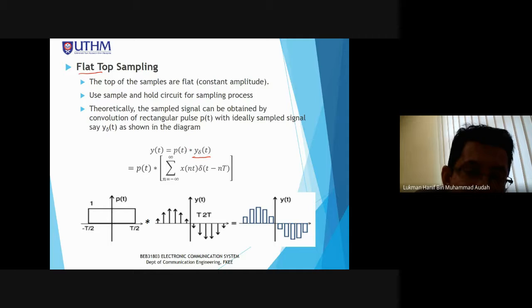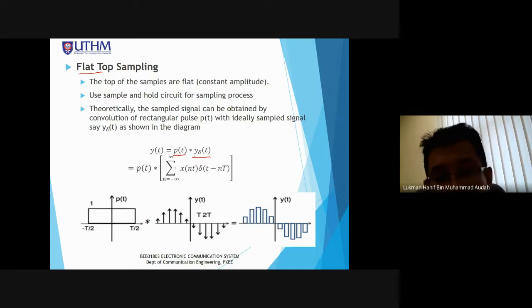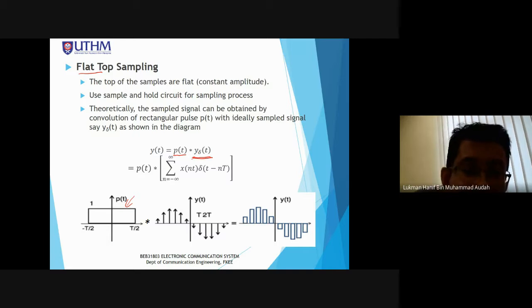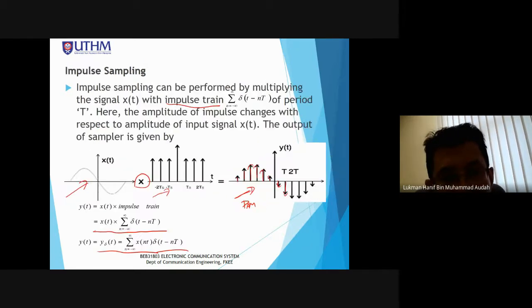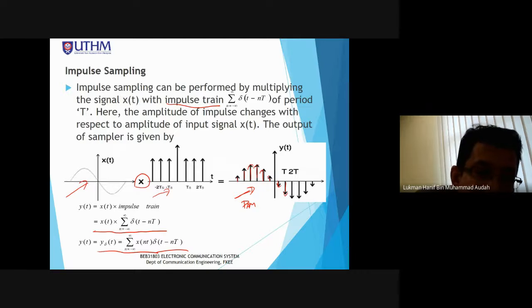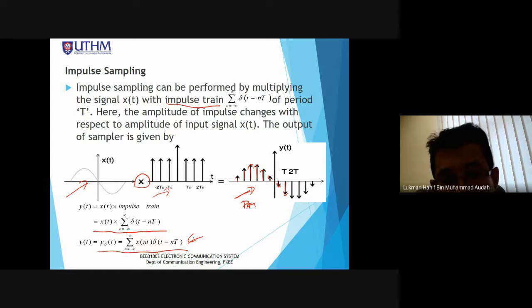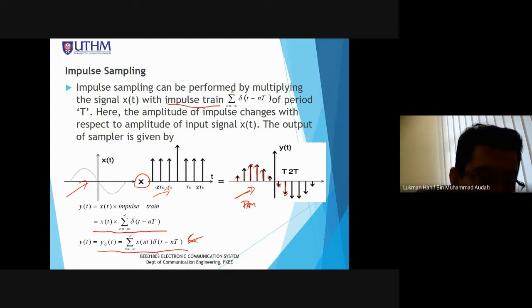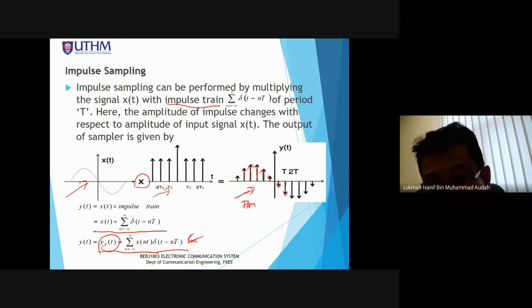Okay, kalau you lihat di sini dia akan melakukan convolution PT pulse rectangular pulses dengan Y delta T. Apa itu Y delta T? Y delta T adalah hasil daripada yang tadi, kita darabkan dengan impulse train dalam time domain. So we get Y delta T.